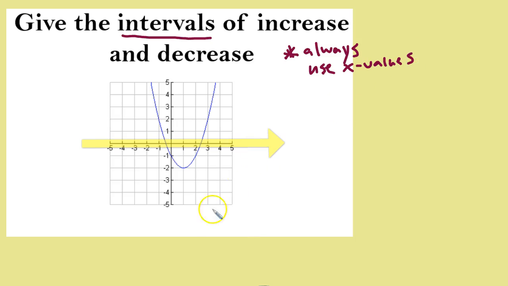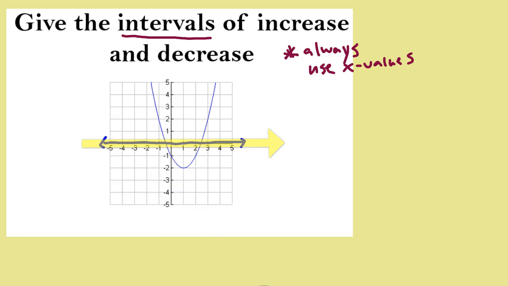And this is going to be hard for some of you, I know, because I've taught this course long enough. But when we start on the left side, we are only interested in where it is increasing or decreasing along the x-axis. I don't care about these numbers here for these intervals, only the numbers from left to right.